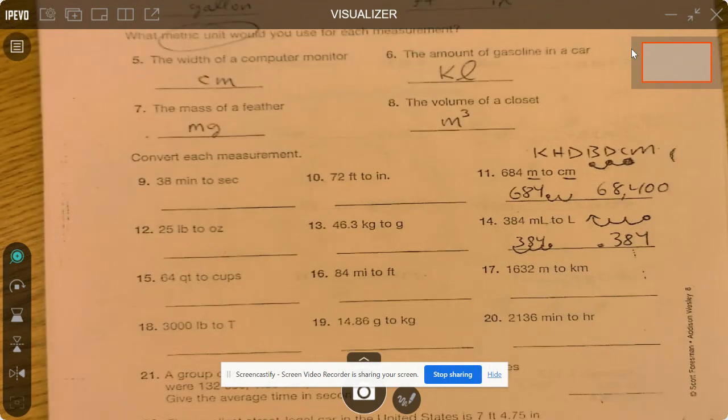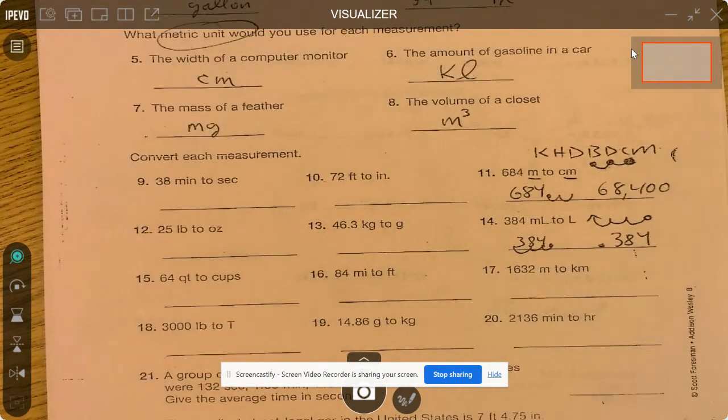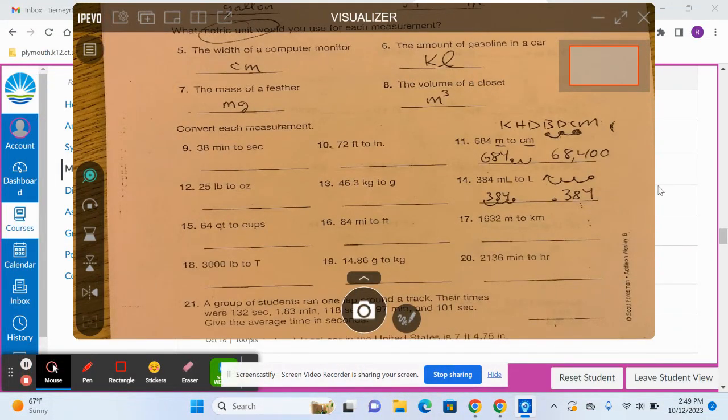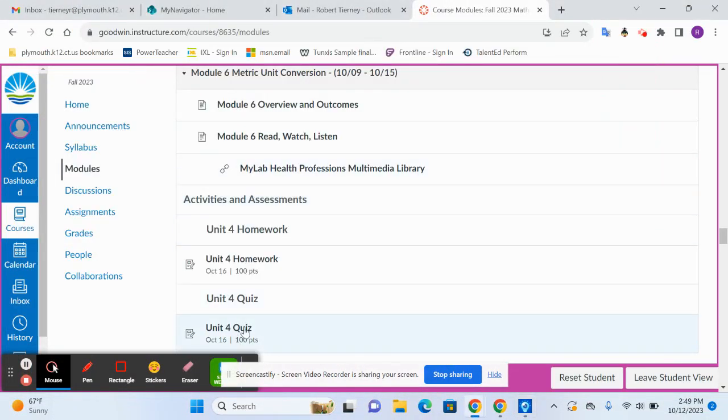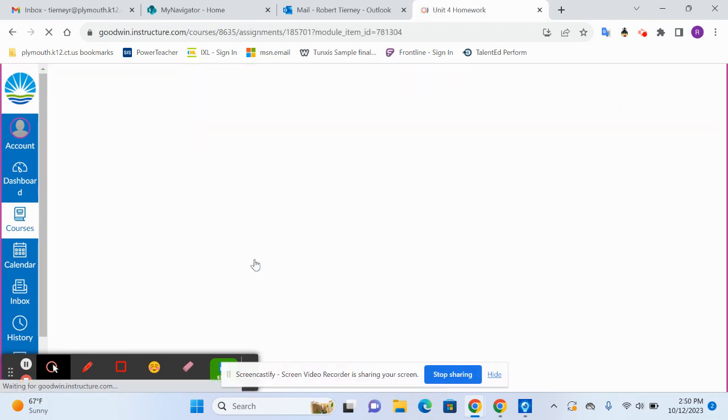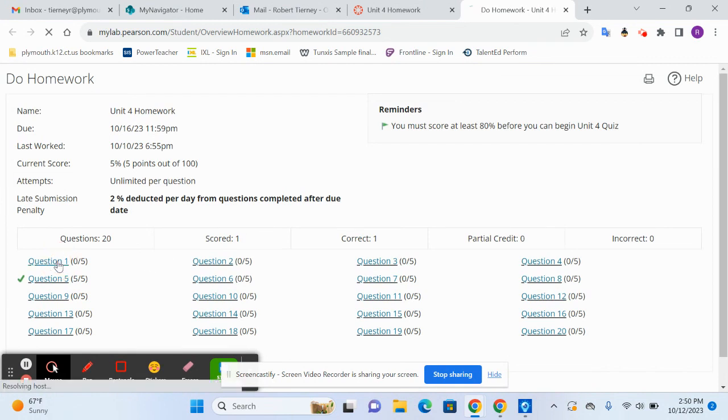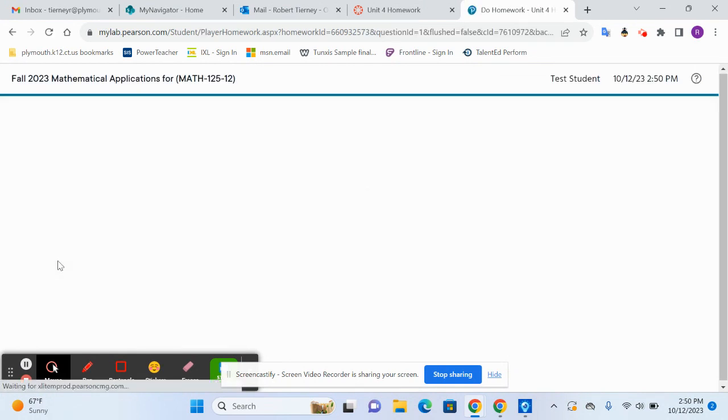Okay. Showing you a quick list of the homework questions is always a good plan. So let's take a look at that. I'm going to open up the homework for Unit 4, and we will see what some of the questions are. All right, so question number 1, as we go through the list of questions.